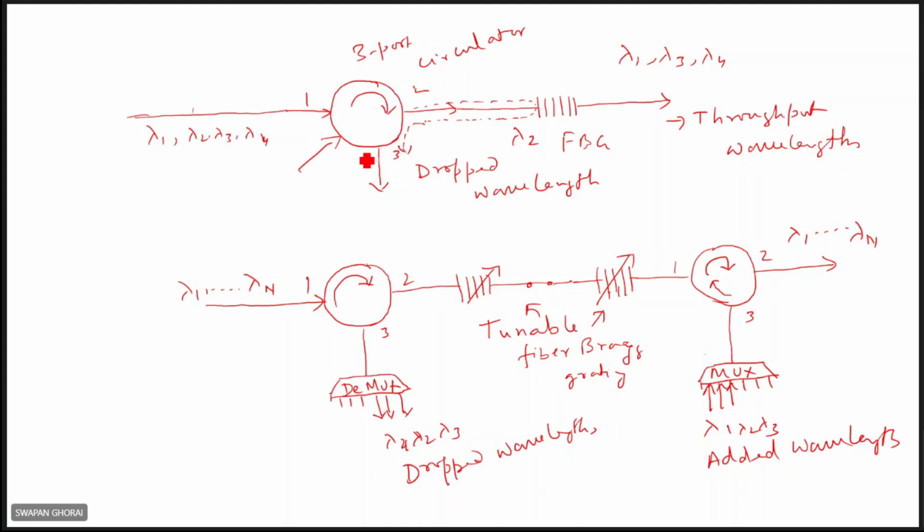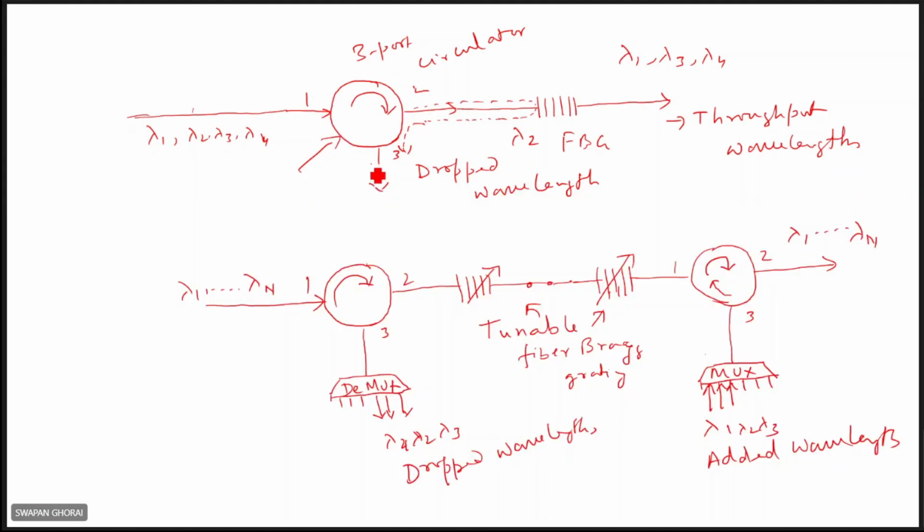The characteristic of the circulator is that it allows light to pass only in the forward direction, not in the backward direction, always clockwise. So if you launch light, it will pass through port number 2, not through port number 3.